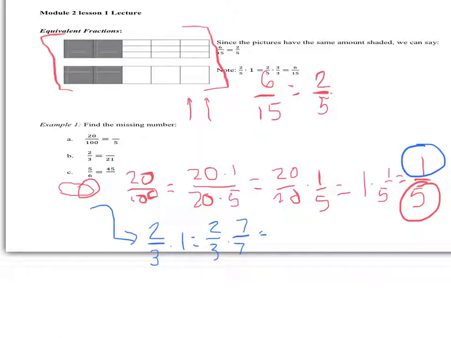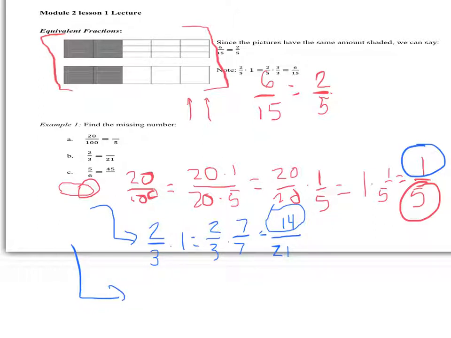Now multiplying in the numerators, 2 times 7 is 14. And in the denominators, 3 times 7 is 21. So now we've shown that 2/3 is the same as 14 over 21, so the missing number in this case is 14.